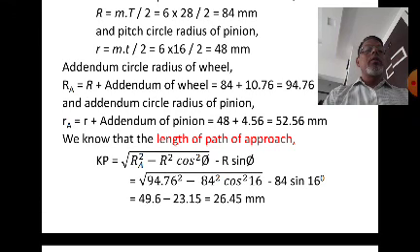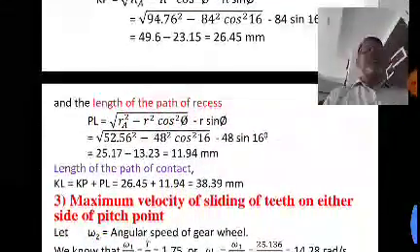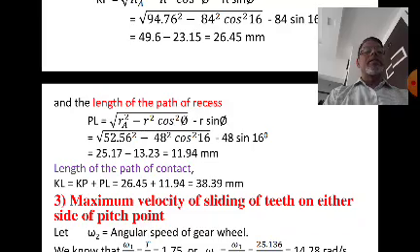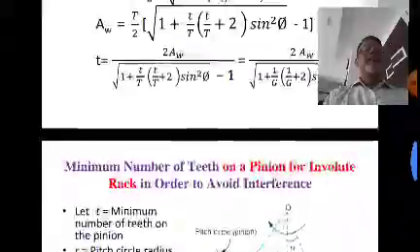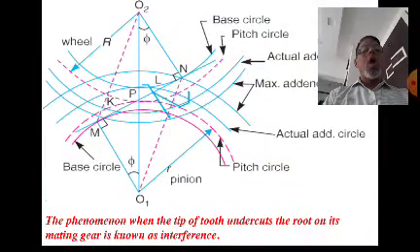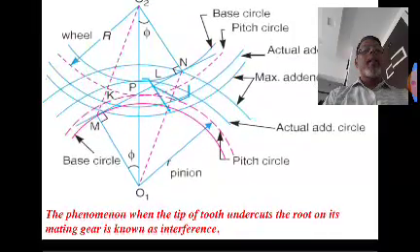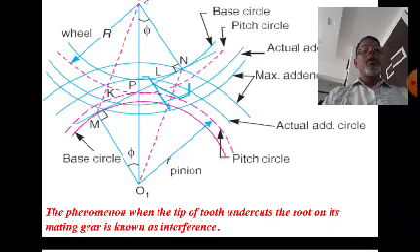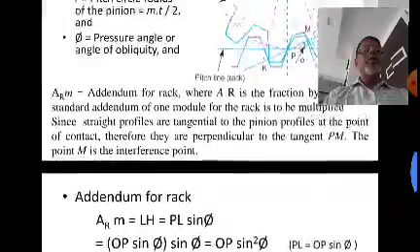You substitute the value, you will get Kp, the length of path of approach, and the length of path of recess is Pl.